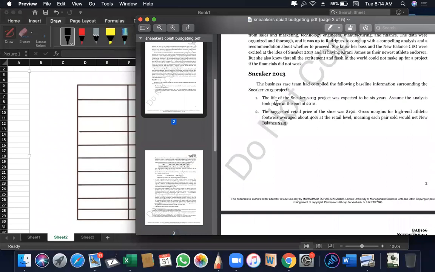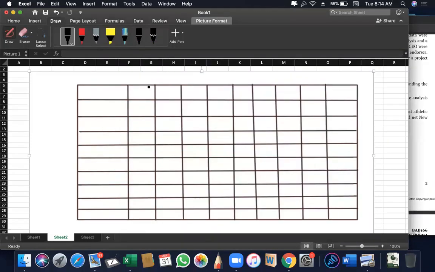The first one is: the life of the sneaker project was expected to be 6 years. Assume the analysis took place at the end of 2012. So map out the question. It is saying the analysis took place at the end of 2012. This is our base year.